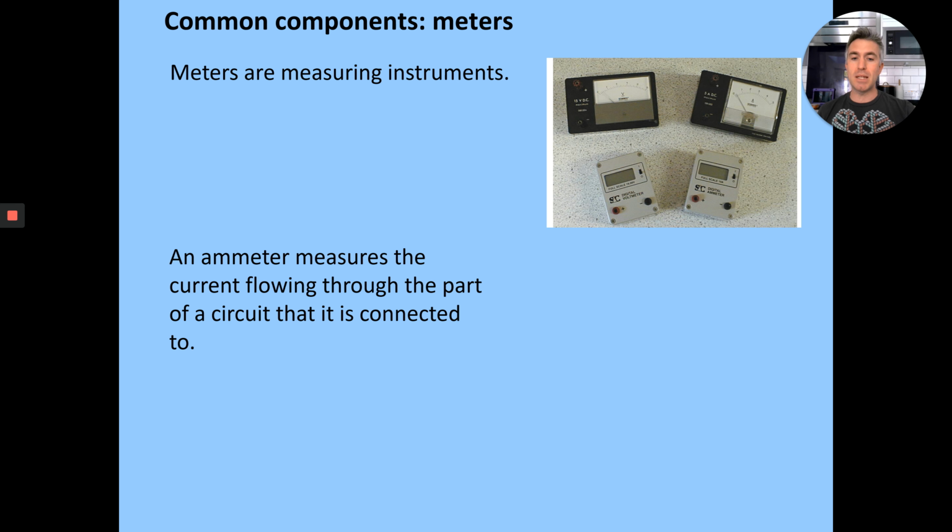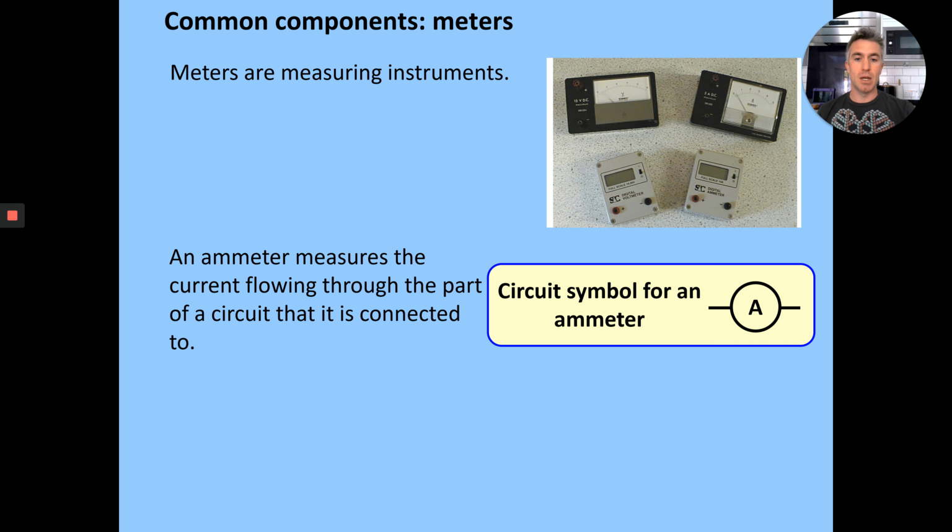Measuring instruments: ammeters and voltmeters. In school, we have digital voltmeters and digital ammeters. You plug them in, and it has a little display, like a calculator display. It's called a liquid crystal display, and that tells you the value. Other versions are these needle displays.